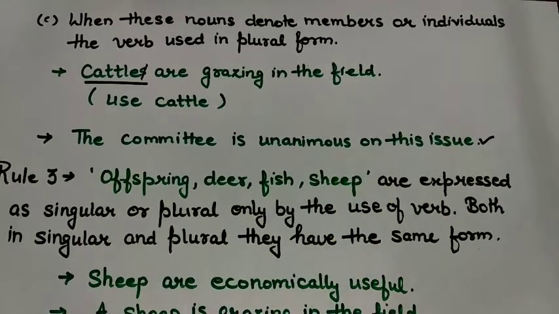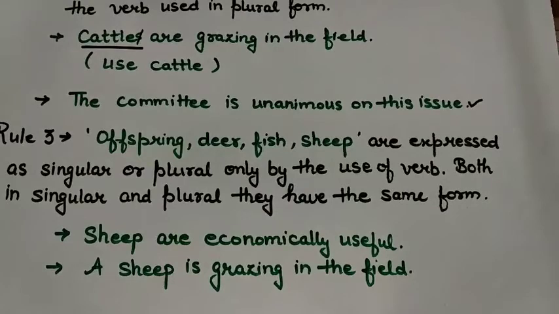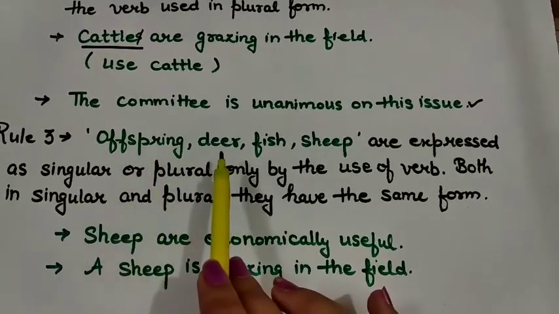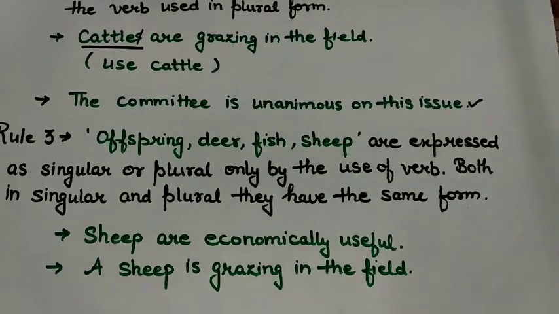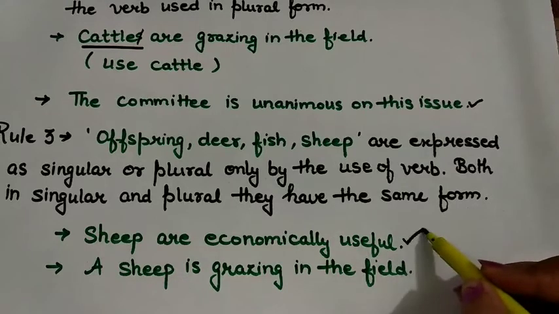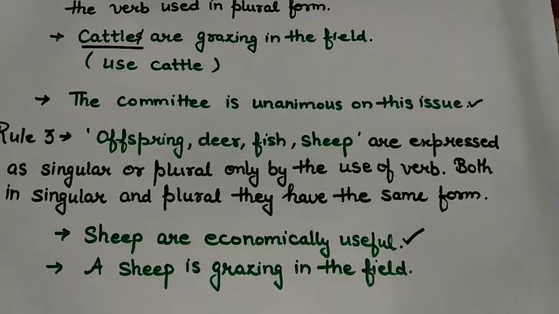Third rule is words like offspring, deer, fish, sheep are expressed as singular or plural only by the use of verb. Both in singular and plural, they have the same form. Like if I say, sheep are economically useful, the sentence is completely correct.